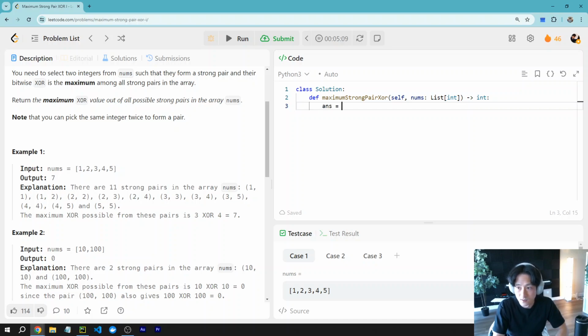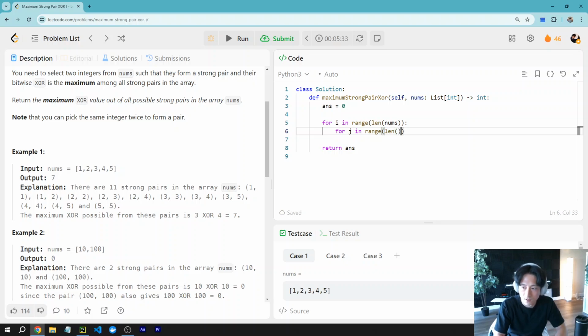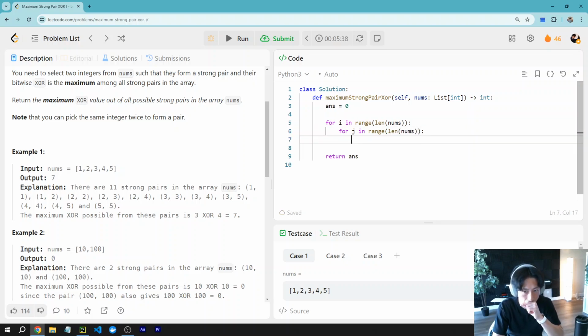So answer, I guess 0 would be okay, and eventually I'm gonna return this answer. And as I said, I'm gonna do the brute force. So for i in range length of this array, and for j in range of this array, check strong pair.